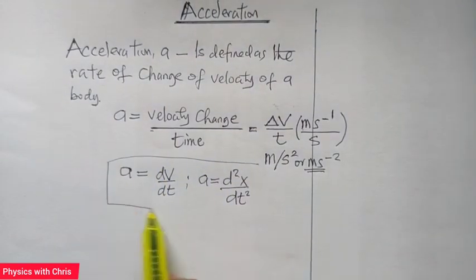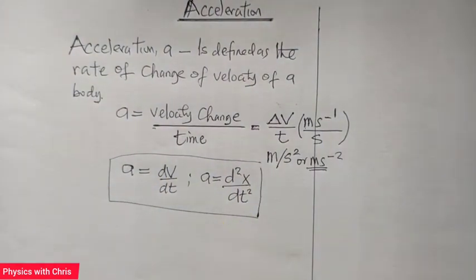For those of you just learning this for the first time, this is for those that have done a bit of other mathematics. So in calculus, this acceleration has been defined as either this derivative or the second derivative of the displacement of a body with respect to the time taken. Okay, so we have seen that as acceleration.